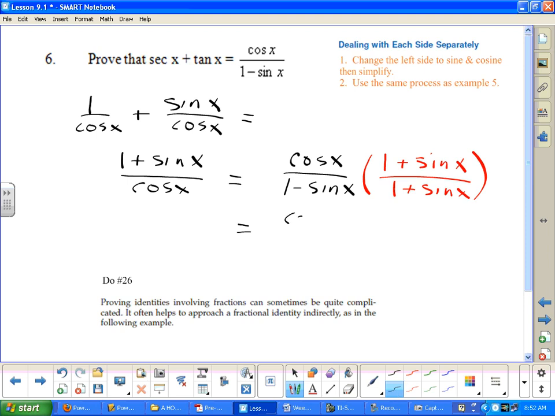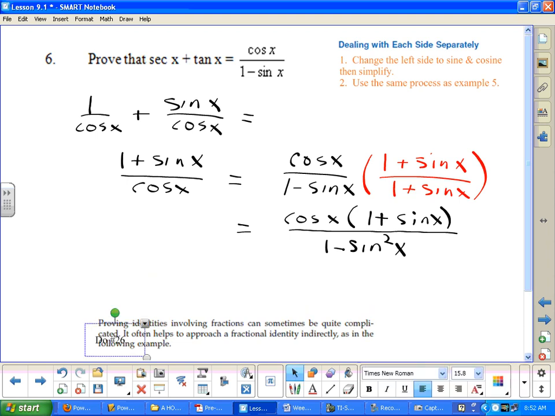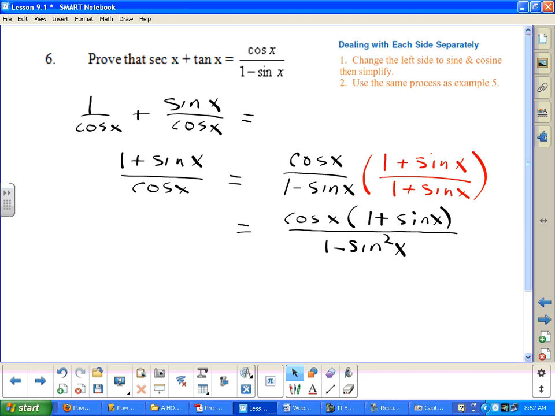So on the right side now I have cosine of x times 1 plus sine of x. And in the denominator we have 1 minus sine squared. Well, this helps me because 1 minus sine squared is equal to what? Cosine squared.